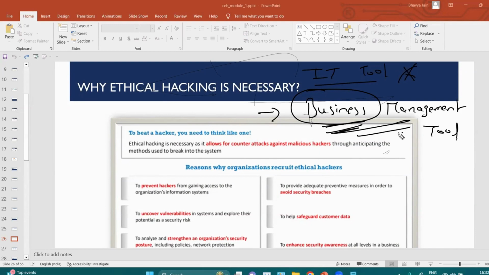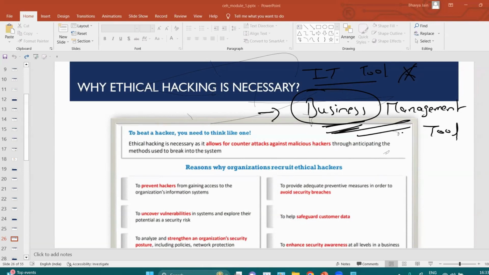If we see cybersecurity as business management, then we can apply full-fledged security without human errors or oversights. But if we think cybersecurity is only an IT tool, then we cannot fully protect the system, because cybersecurity is not the responsibility of only IT professionals. It is the responsibility of each and every employee and member of the company.